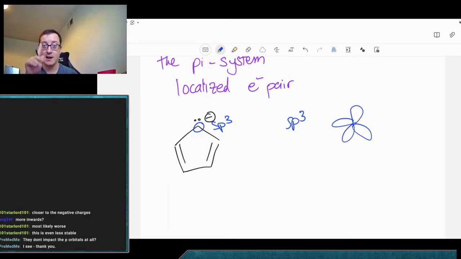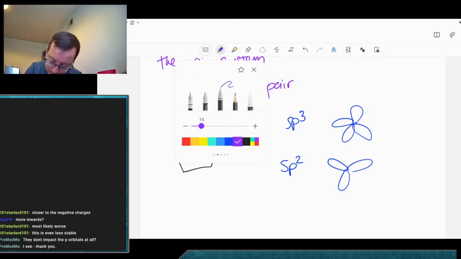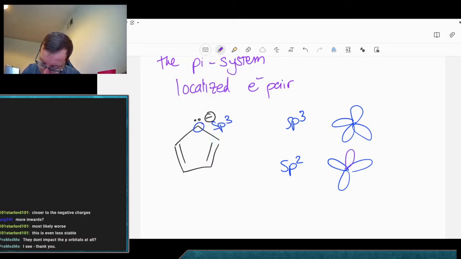One of them is pointing up, 3 of them are pointing down in various angles, right? With sp2, we have everything in the same plane, and then we have one thing up and down, right? So with these, we can see that, okay, well, that lobe that's pointing up in the sp3 is pointing in the same direction as a p orbital of an sp2 hybridized carbon.